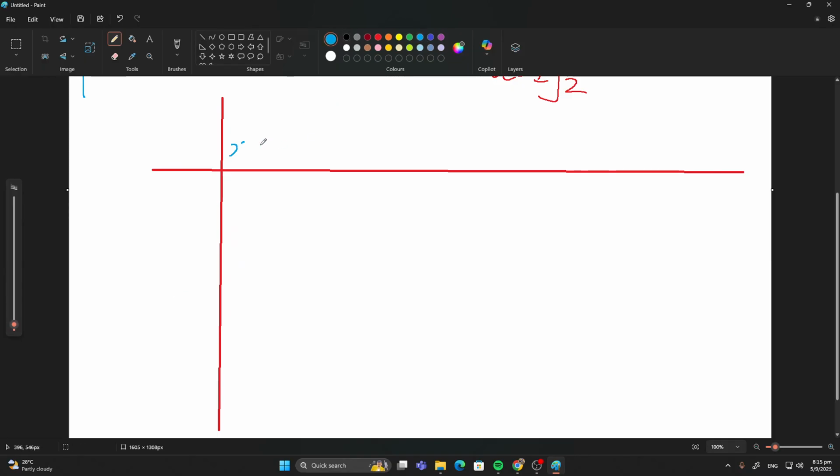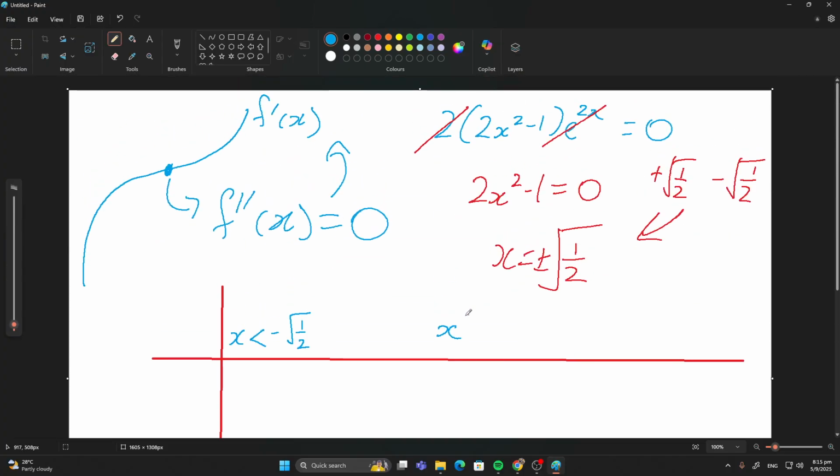So basically when x is less than negative this, same principle. Because I have two, I can do x more than negative, or x less than this, and then x more than this.